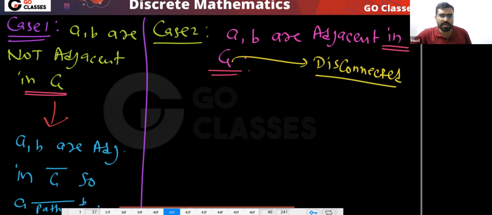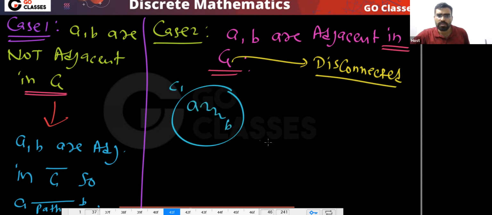It means A comma B are in one component, like C1. Yes or no? Because they are adjacent, right? They are adjacent, so they are in one component. Agree? In G, from G point of view, they are in one component.